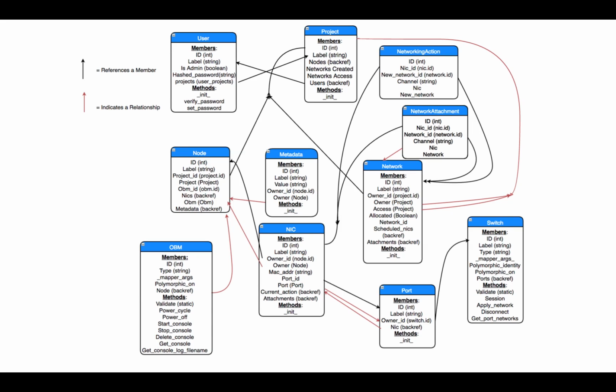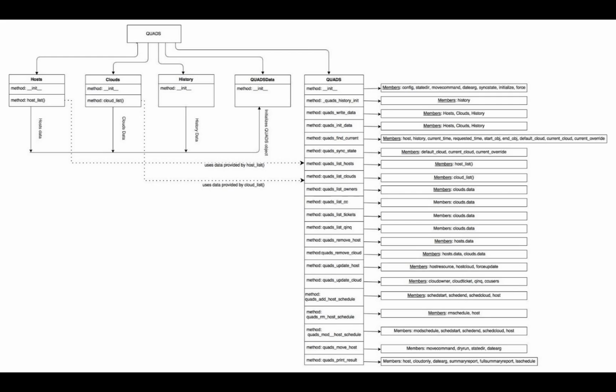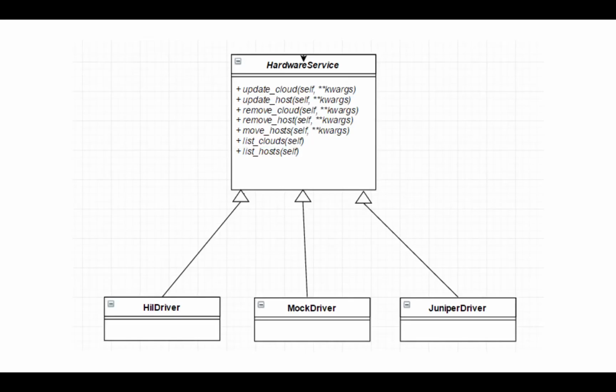So right here is the HIL class diagram, and right here is the Quads class diagram. It was really helpful in figuring out what parts we would want to abstract away in order to start connecting the applications.